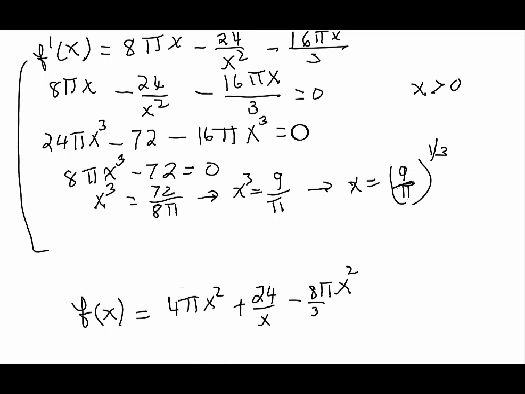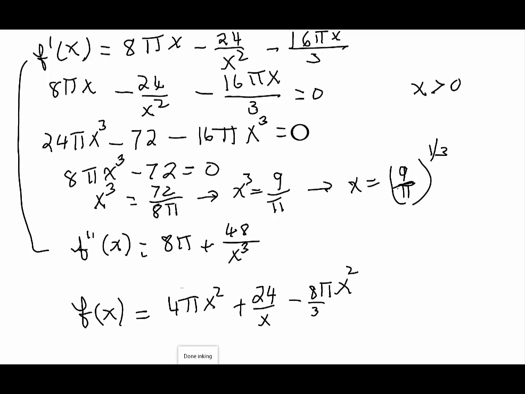Let's take the second derivative of the function. Now, when we take the second derivative, what we will get is this. F double prime x is going to be 8 pi, then we have a plus 48 over x cubed, right?